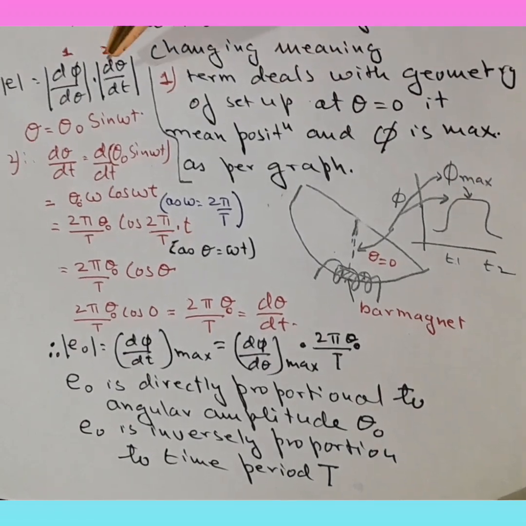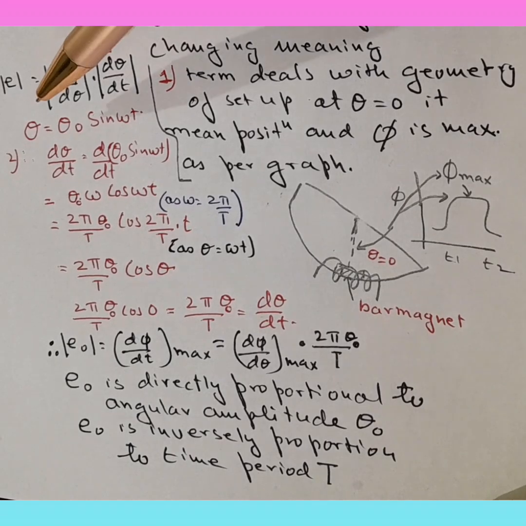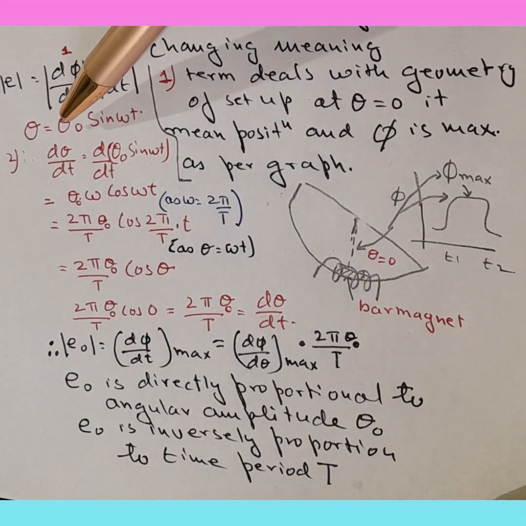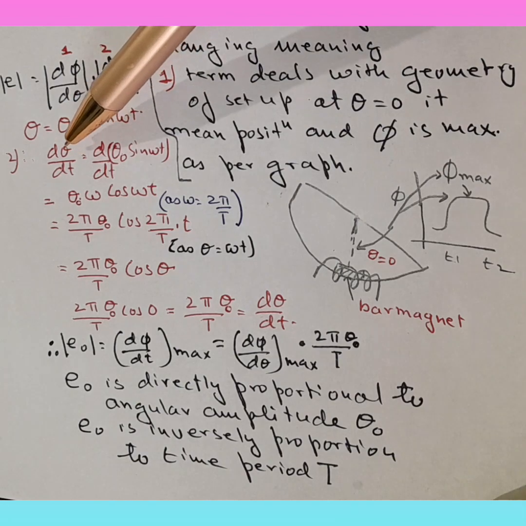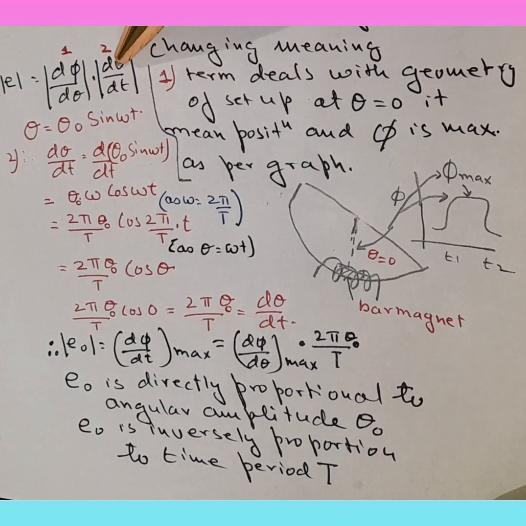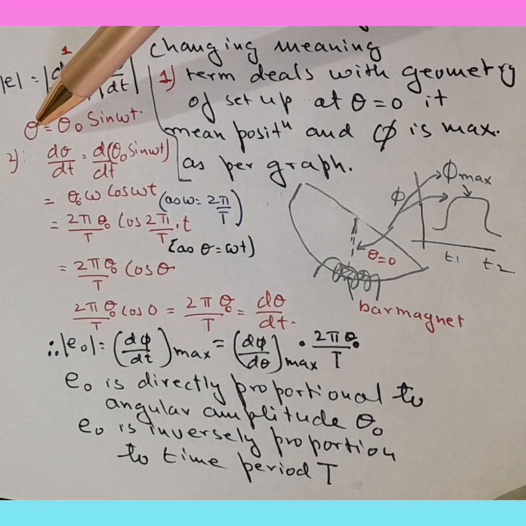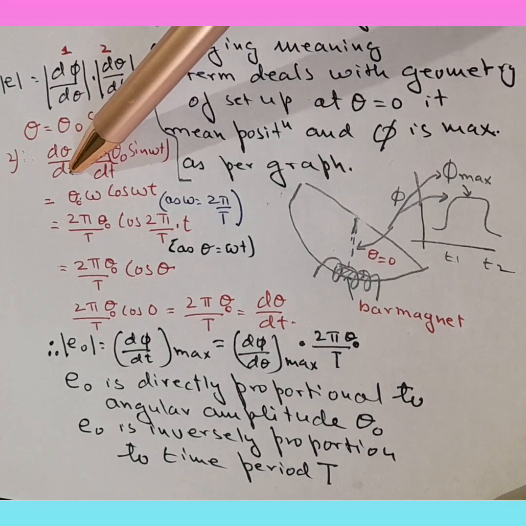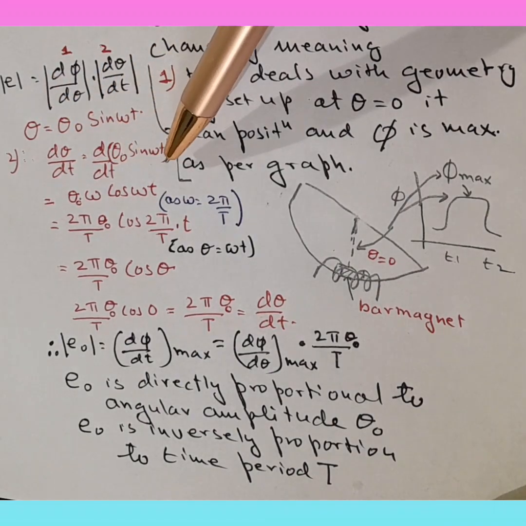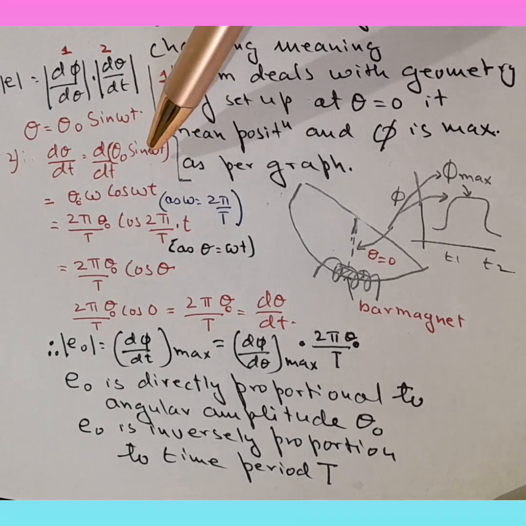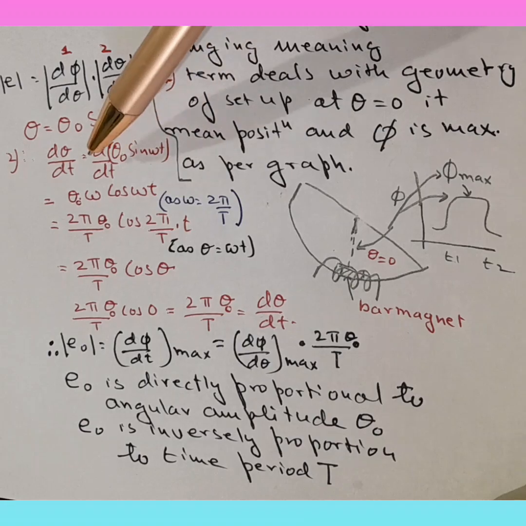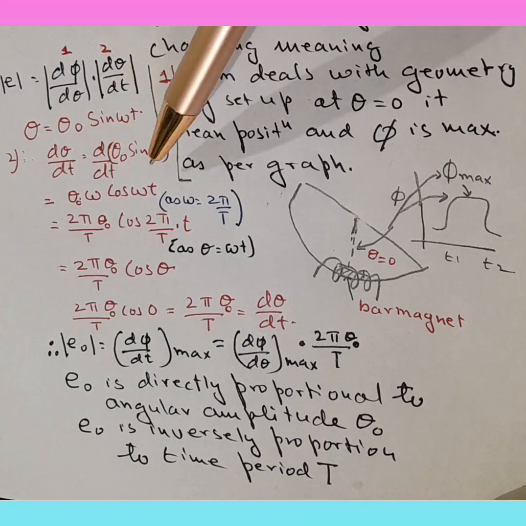Alright, now let us pick up the second part. In the second part, theta is equal to theta 0 sine omega t. Now what we do is we differentiate it with respect to t. So this is what we get. Sine gets cos, and we know that the constant term comes out as per the rule of differentiation.